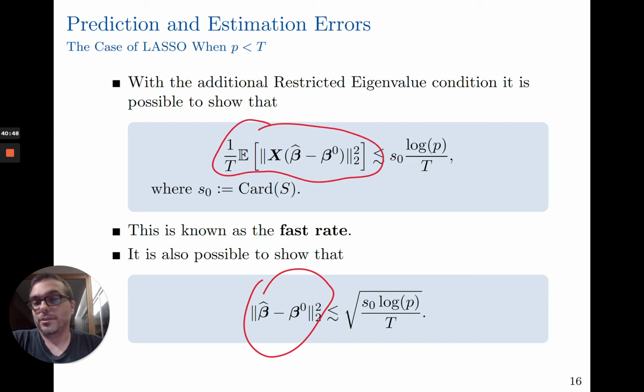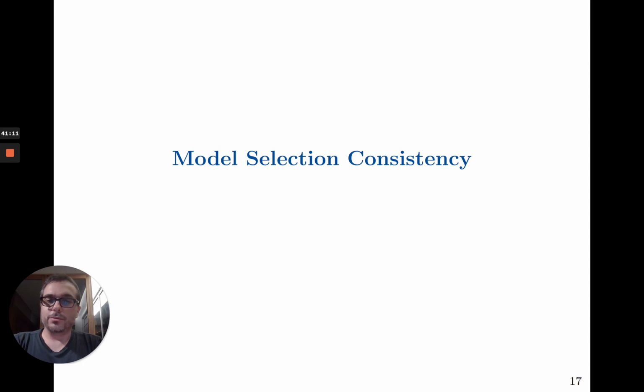So that explains why we have a square root of T here. But they are somehow very similar, right? So if you want to look at the derivations of these results, you can take a look at the slides for the theory of lasso.